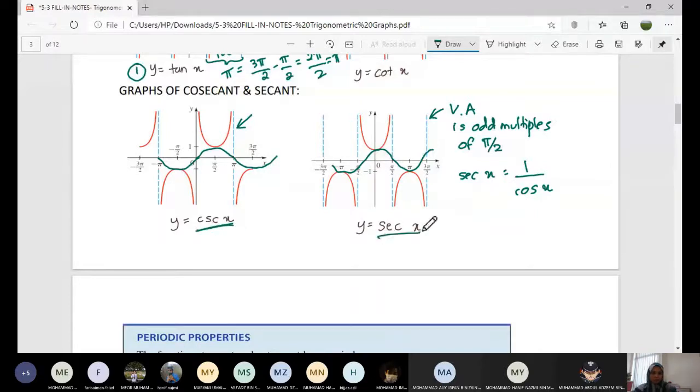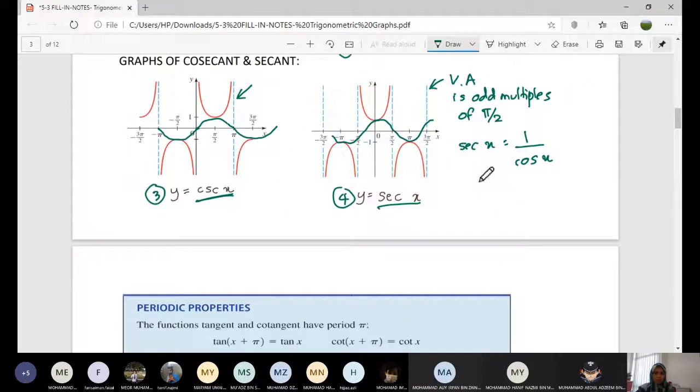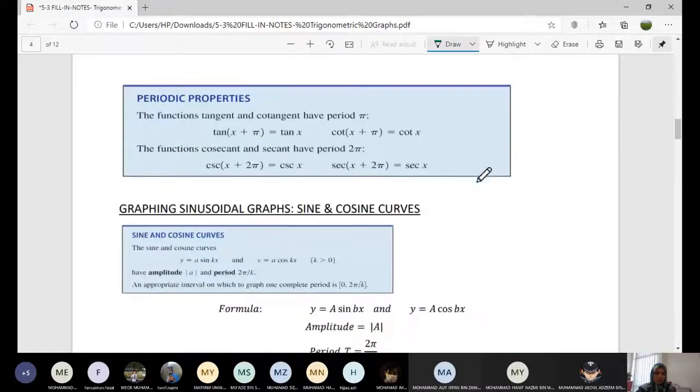So for these four graphs, tangent, cotangent, cosecant, and secant, we have to identify only. No need to sketch, but you need to identify. Okay, hopefully it is clear.